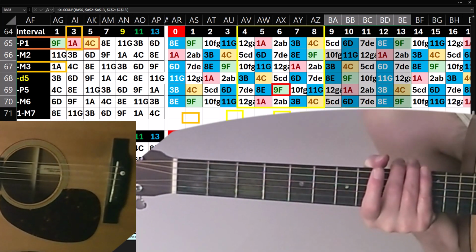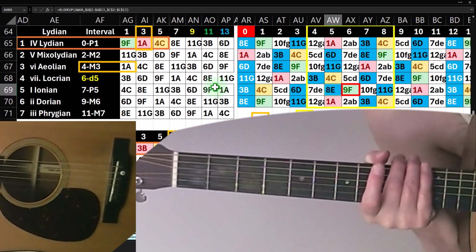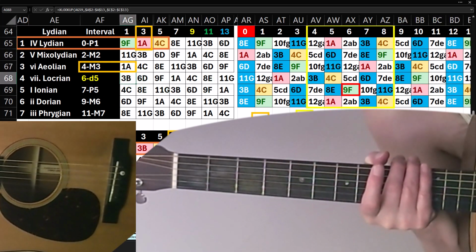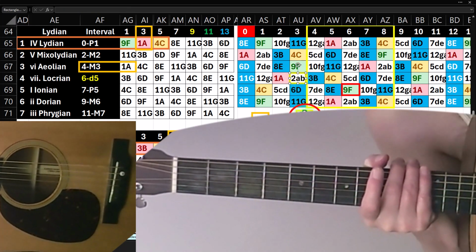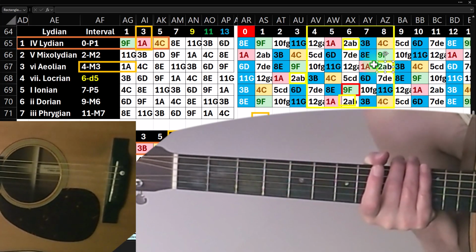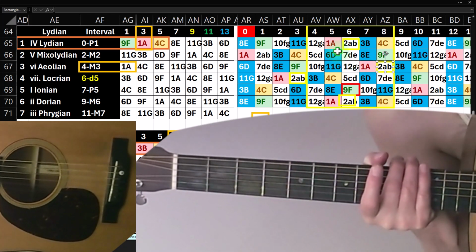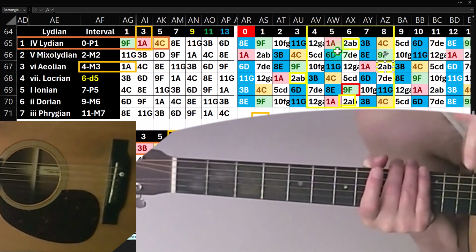But you could also say, I'm going to convert this shape by just taking that one interval that's different, the B right here, and it's augmented, so I'll flatten it, right? I can flatten all of these, and then I just converted that shape now to this shape, right? Which I would call position, I think, number 4. And that's one way that I can expand from one shape to another.